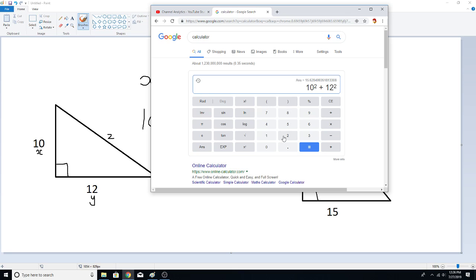Remember, a 2 there means times by itself. So in brackets 10 times 10, add 12 times 12 in another bracket, and you get the answer, which is 244.